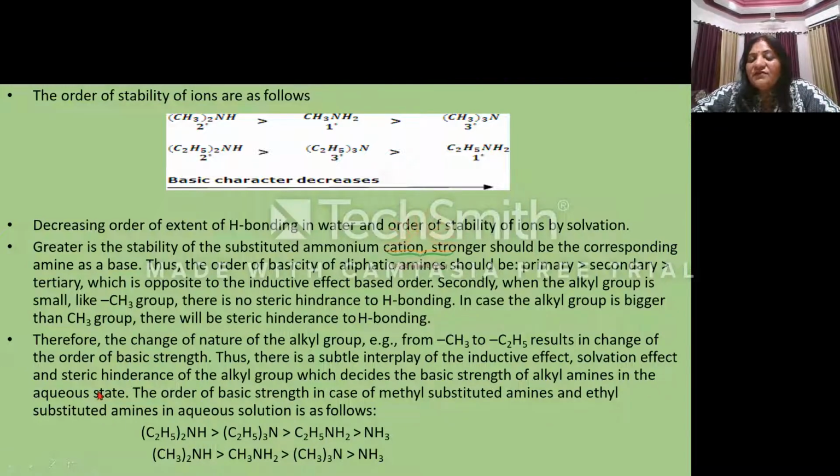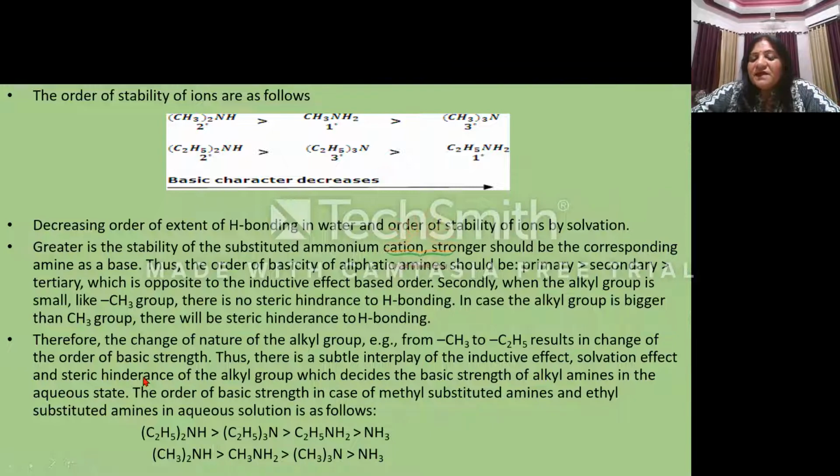All these three effects work in the aqueous state. Inductive effect will be more in case of tertiary amine. Solvation effect will be more in primary amine because of the presence of two hydrogen atoms, so it is more soluble in water. And steric hindrance will be more in the tertiary amine.